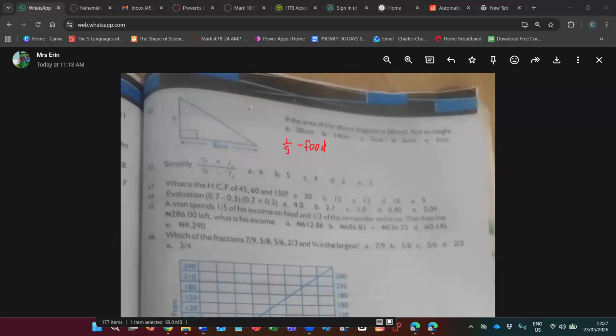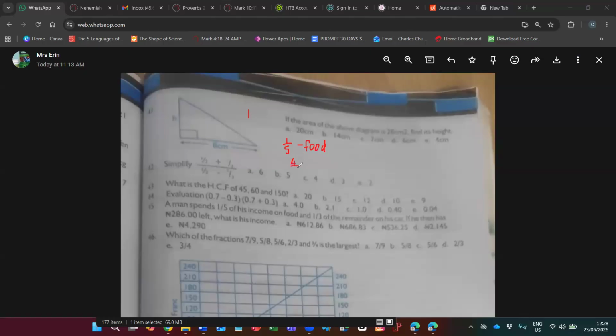Remember that the total fraction is 1. 1/5, I took it out from a fraction, and that full fraction is 1. I take 1/5 from 1. What will be the remaining fraction? 4/5. Thank you very much. 4/5. Thank you, Favor. 4/5.